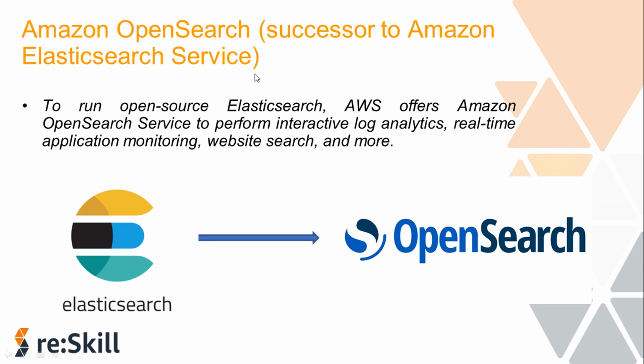It's a distributed search engine built on Apache Lucene, and it is commonly used for log analytics, for full text search, for security intelligence and business analytics. And to run the open source Elasticsearch, AWS has offered this Amazon OpenSearch service, which makes it easy for you to perform a lot of search and analytical tasks, and it is derived from Elasticsearch.